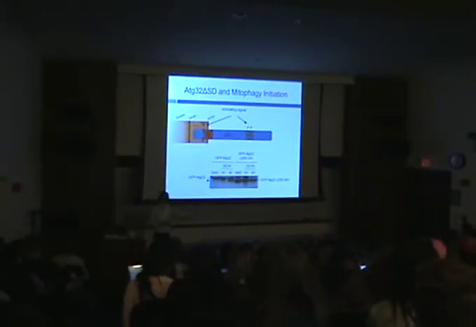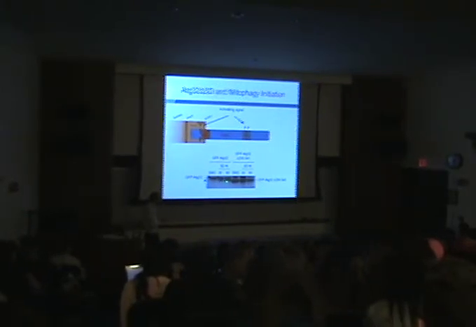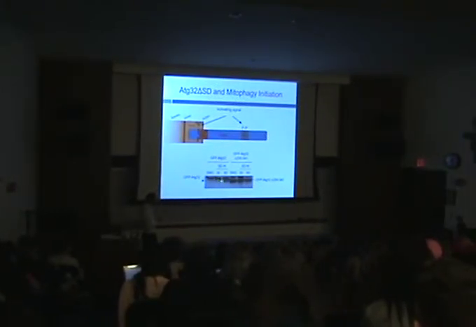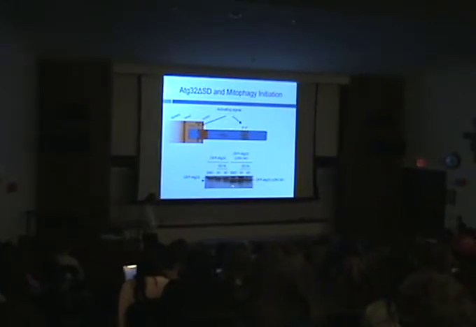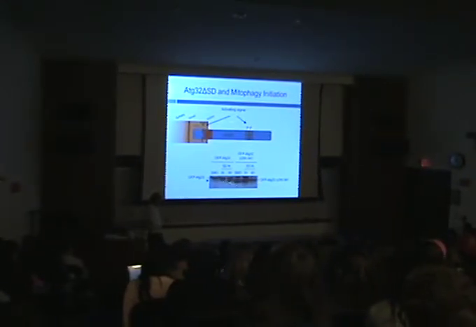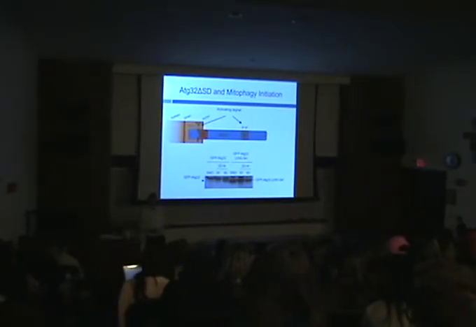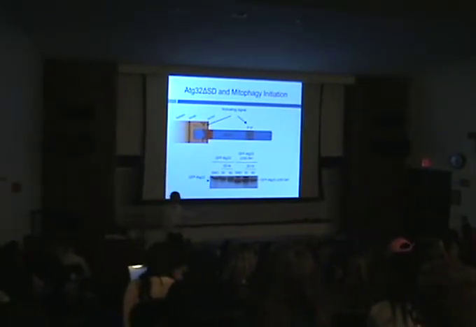And as you let this go longer, you see the second band increase, and this is the result of removing this portion. If we delete our structured domain, we no longer see the appearance of this second band, suggesting that this domain functions pretty early in whatever this protein is actually doing.